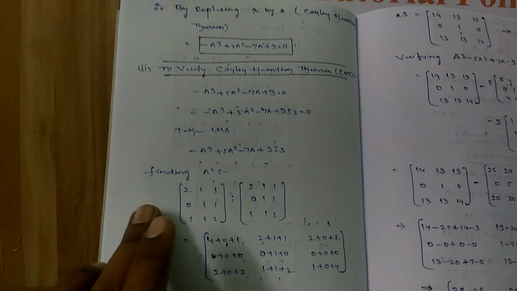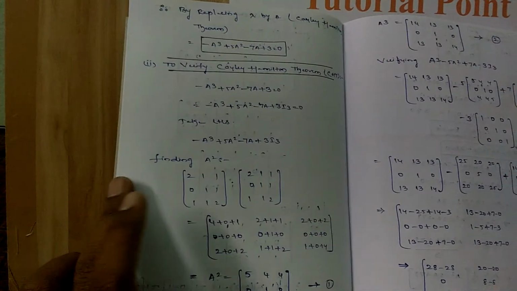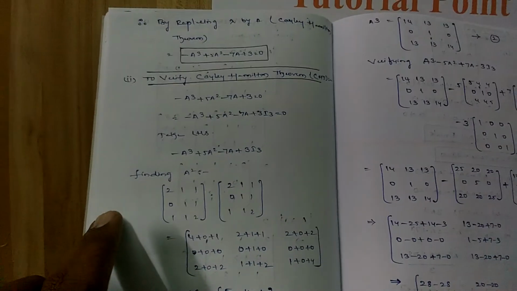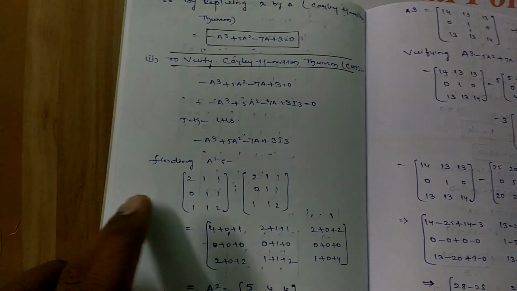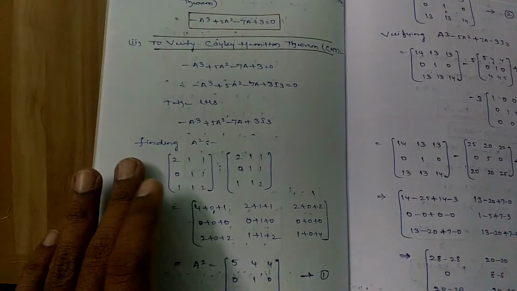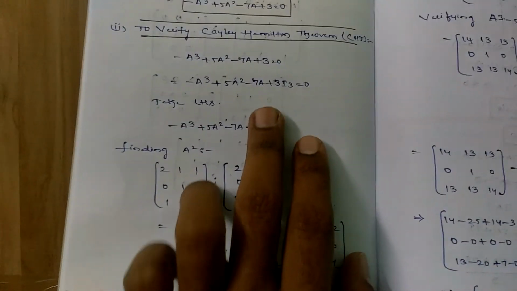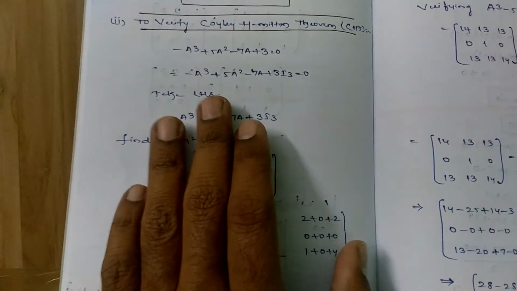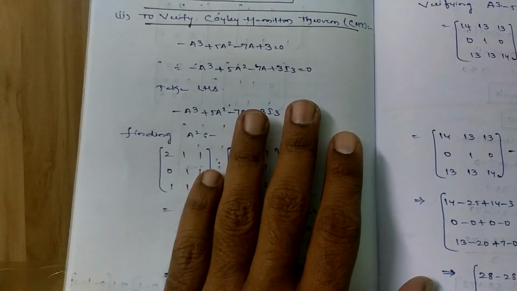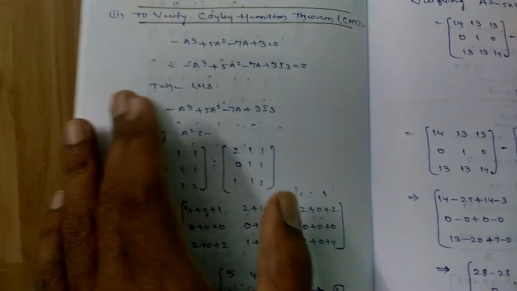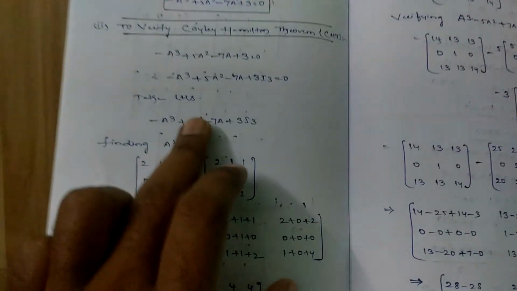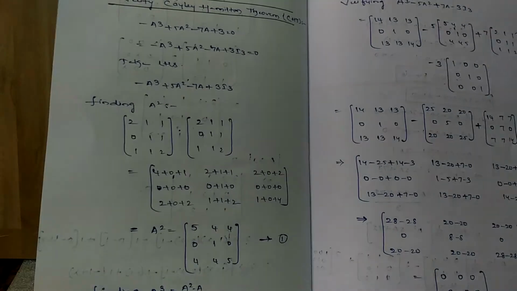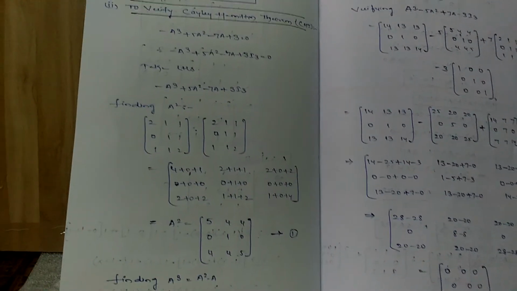That is the Cayley-Hamilton theorem conclusion. Simplify whatever LHS part is there and you should get the result as the 0 matrix, either 2 by 2 or 3 by 3. Then we can say that the given matrix verifies the Cayley-Hamilton theorem.